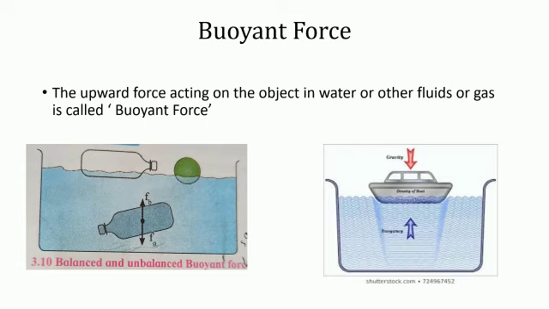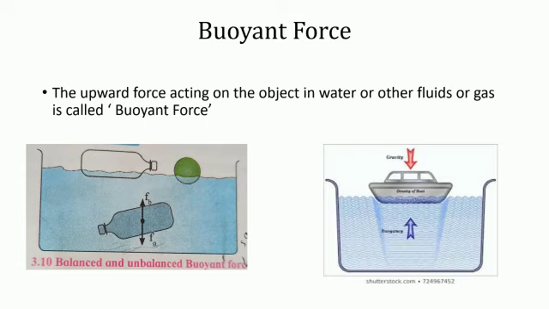This is called displacement. Example: when we put ice cubes in a glass of water, the water in the glass rises, meaning the water is displaced or pushed away to make space for the ice cubes.